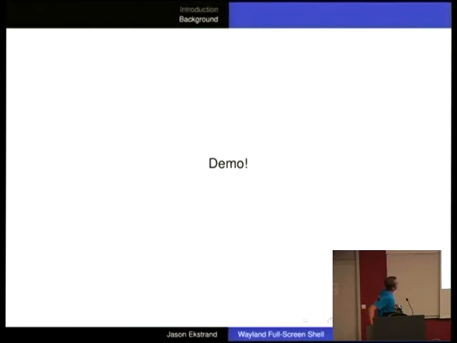OK, and now for the non-existent demo. I was going to have a demo, except I can't get XFreeRDP to not hard lock when I try to start it up. It was working on my laptop, but this is not my laptop, so I can't actually demo it. What we have implemented in Weston right now is a screen sharing plugin.